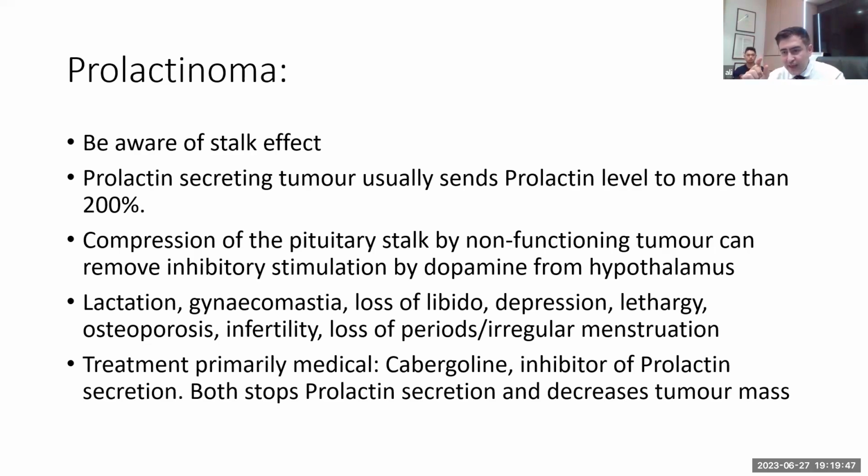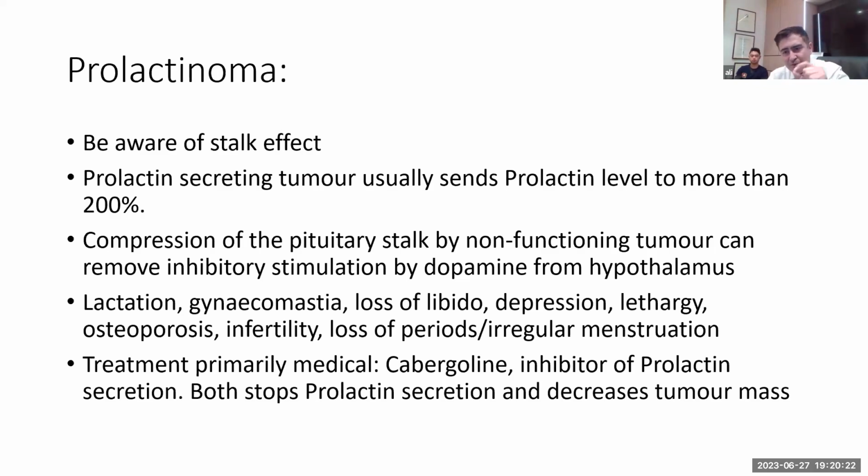Now, if a person has a non-secreting adenoma, does not secrete any growth hormone, does not secrete any ACTH, does not secrete any prolactin, this tumor can compress the stalk of the pituitary gland and prevent the inhibitory control that's coming from the hypothalamus to stop formation of prolactin by inhibiting the dopamine from reaching the posterior pituitary.